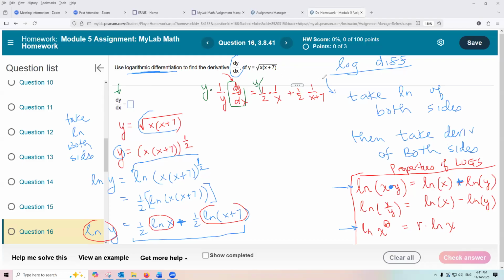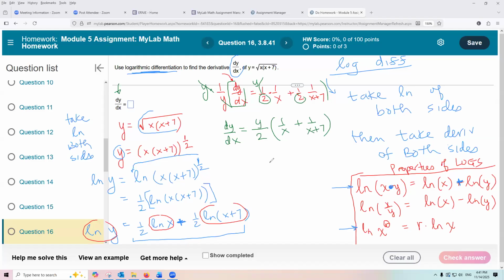So I'm going to end up with dy dx equals y. I'm going to factor out this 2 from the denominator and make it y over 2. And then I have 1 over x plus 1 over x plus 7.